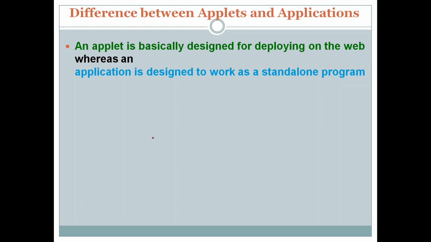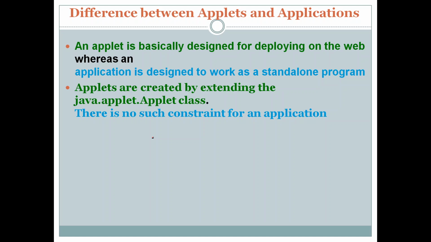Deploying on the web simply means applets can be accessed from multiple different locations on multiple different computers by using a browser. Whereas an application is designed to work as a standalone program, standalone in the sense that it is usually accessed by a single user at a time.